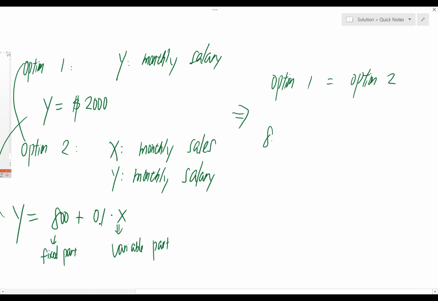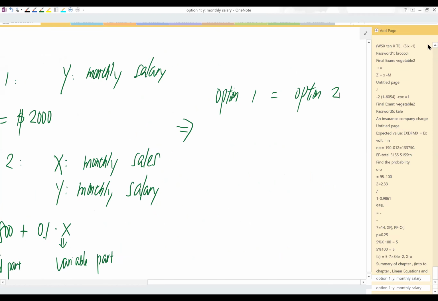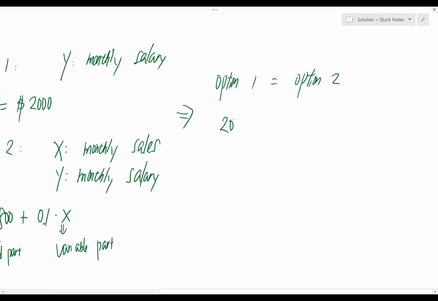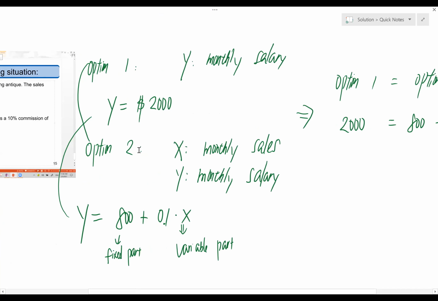So $2,000 must be the same as the other option, 800 plus 0.1x. Remember in the algebra course, you learned how to solve these linear equations. This could come from a real-world scenario, and it's a very common scenario in a lot of sales jobs.